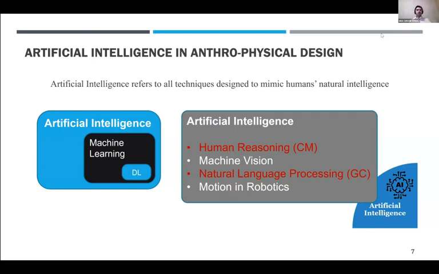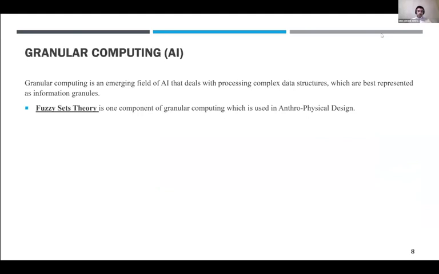And then we have motion robotics, which is also a part of AI, how they find a path, like the autonomous driving in Teslas and other electric cars, which is also related to this kind of AI aspect. What I'm using in my research is called granular computing, an emerging field of AI.